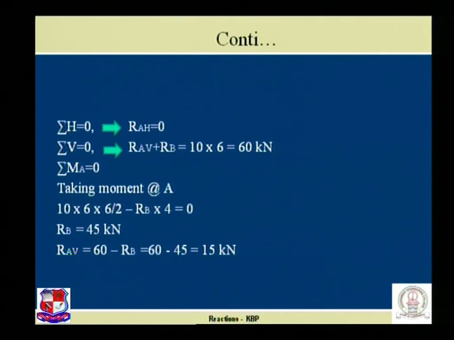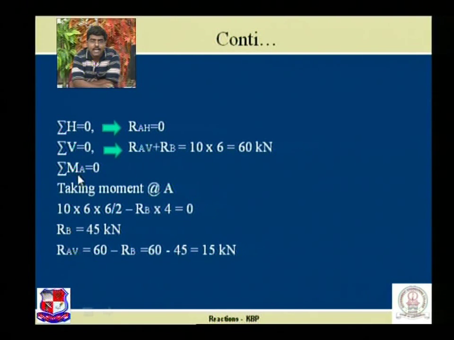Now let us use the third equilibrium condition, that is sigma M is equal to 0. Now when we are using the condition sigma M is equal to 0, precisely at a certain point we have to take, let us, right now I will repeat the word let us. Let us means assuming, you may take any of the points.